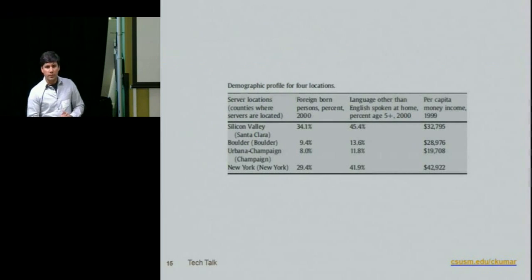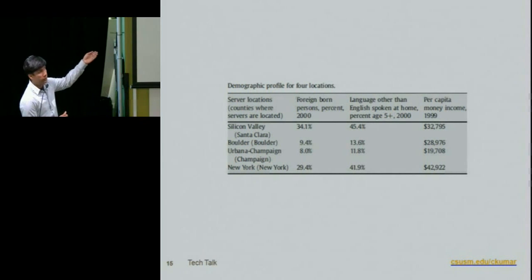To answer the first question, we pulled out demographic data for those 4 locations from the census.gov website, which, by the way, I would highly recommend anytime you're looking for demographic data. We focused on the counties in which each of those 4 servers are located. So, for example, the 4 counties would be Santa Clara, Boulder, Champaign, and New York.